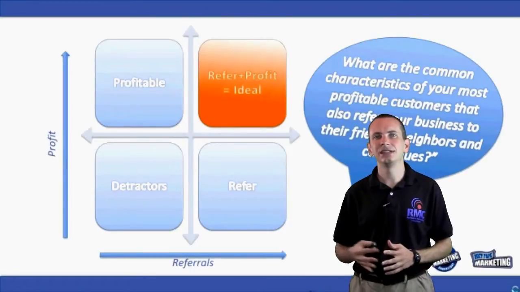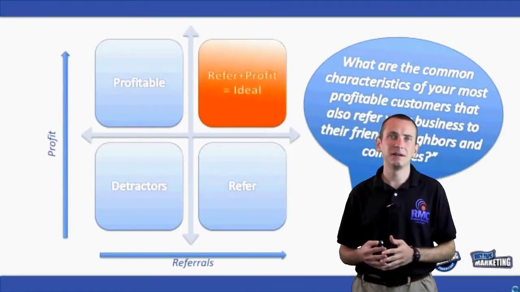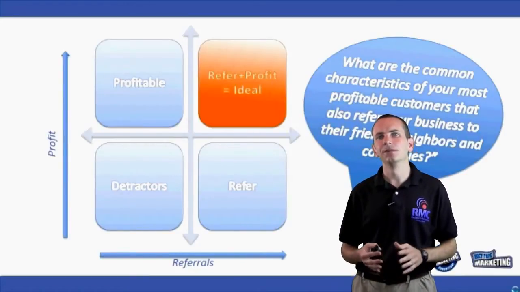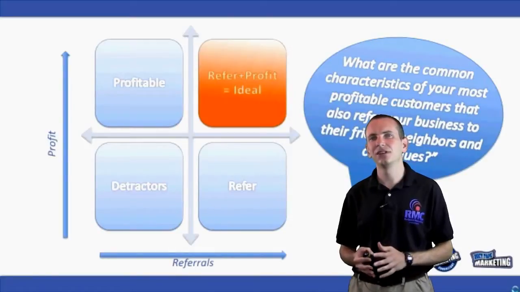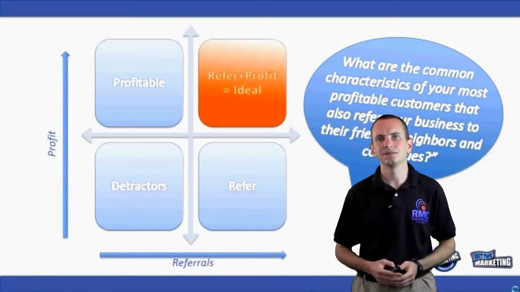For whatever reason, these customers are just not very profitable for you, or maybe even are customers that you lose money on. But businesses sometimes have a more difficult time identifying who their ideal customer is.